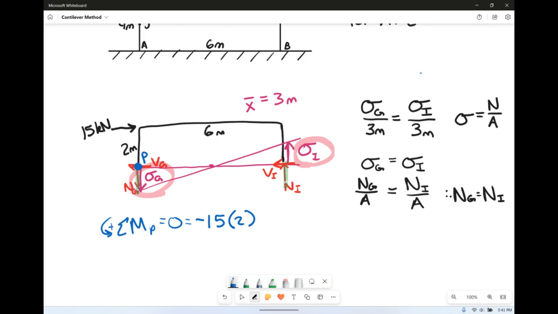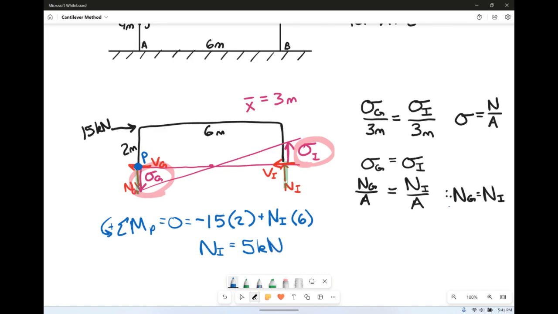So the only other force that we have is the normal force at I. And the normal force at I is going to be going in the positive direction. So we have plus normal of I and its distance of 6 meters. So we have 15 times 2 on the one side and then 6 on the other. So normal of I is equal to 5 kilonewtons.